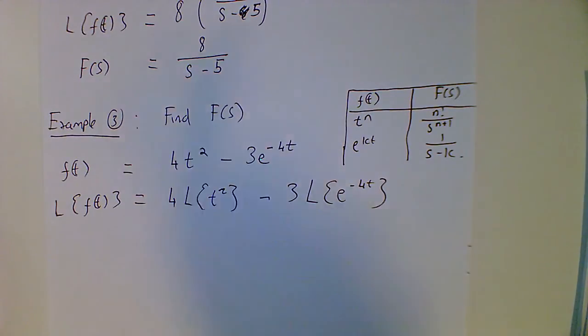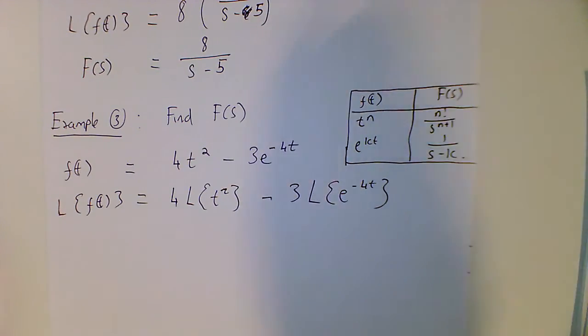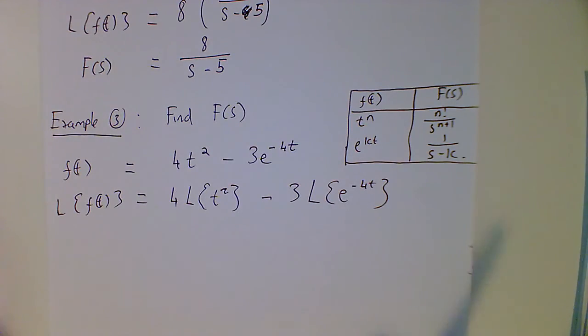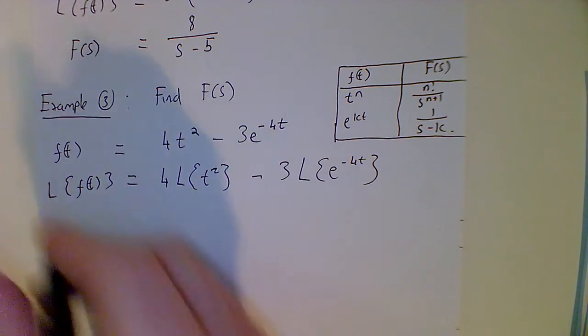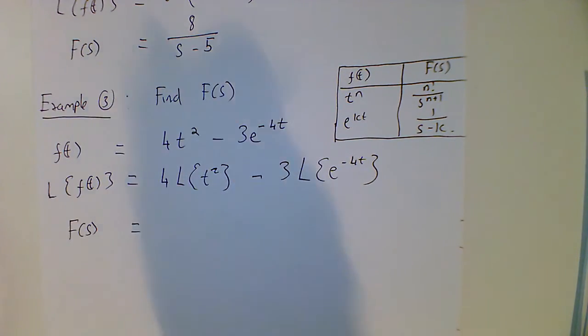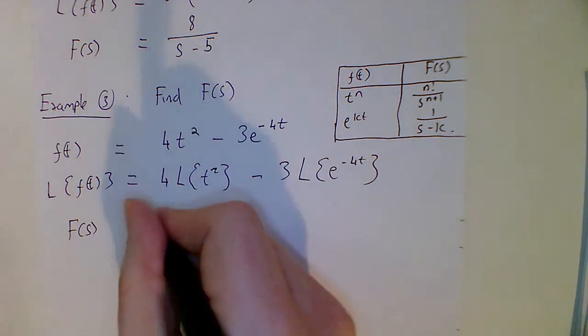Right, so this time I'm going to have to use the two Laplace transforms. You don't need to write a wee table at the side, that's what you're looking at in the booklet. I'm just trying to make it as clear as possible. So the Laplace transform of f of t becomes capital F of s. First one, the 4 stays as it is.